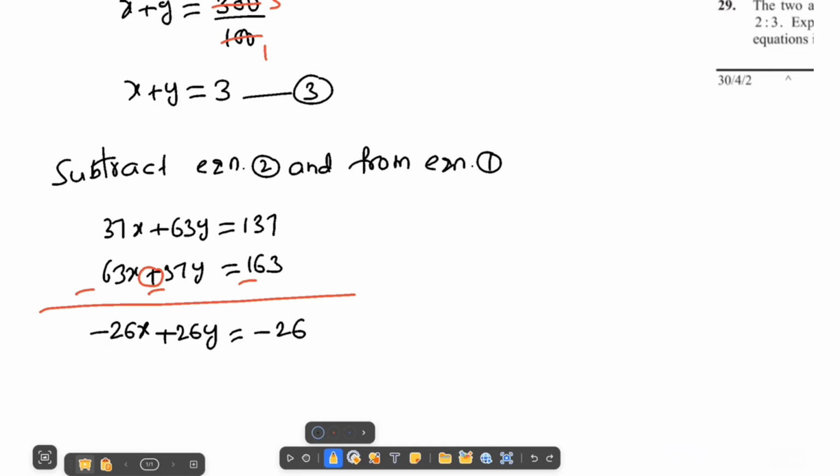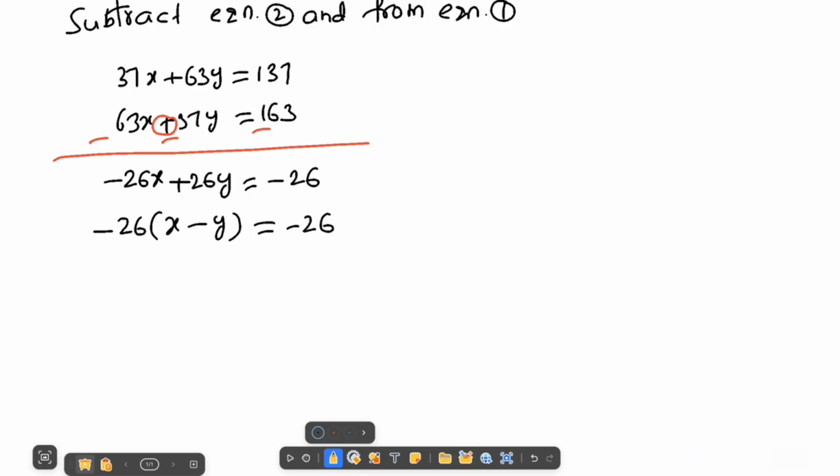So on the left side we can take minus 26 common. Now we will have x here and y here, is equal to minus 26. Send this minus 26 to the right side.